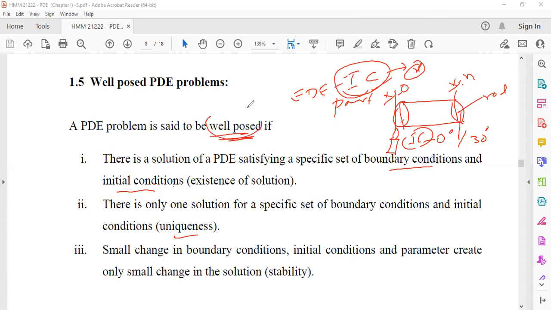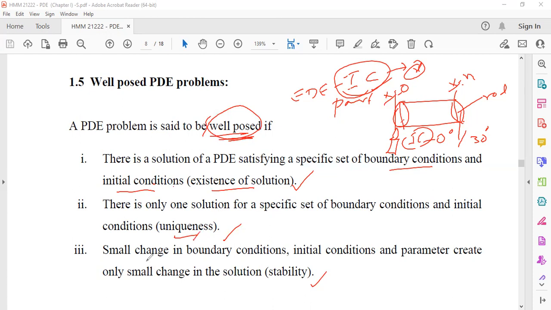So if it is well posed, we need to have three things. This one, we have to have existence. It means it should satisfy the basic boundary and initial conditions. Similarly, it should have uniqueness.